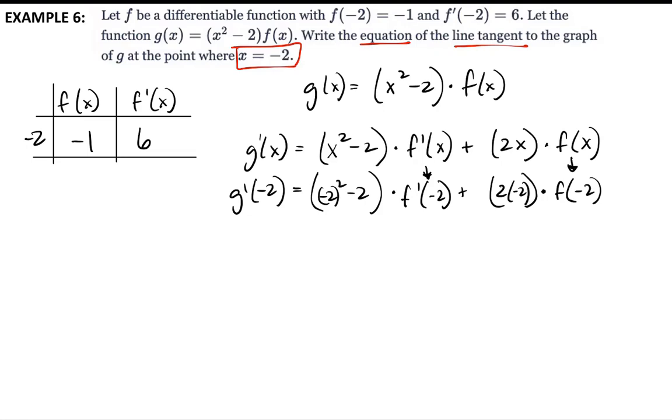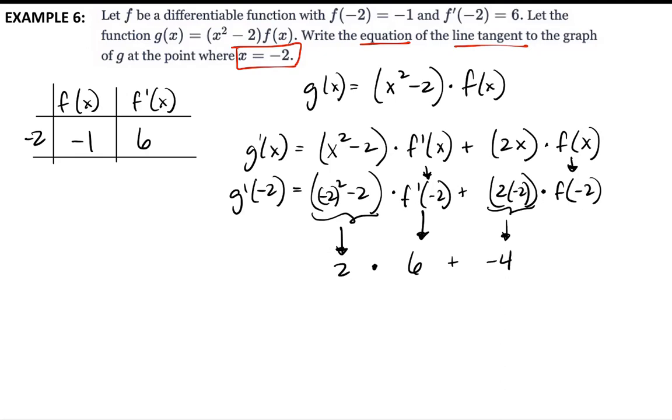Well, the first guy here is just an actual function, so I can simplify that. -2 squared is 4, minus 2 is 2. So this guy here is just regular old 2. If I want to find out what this guy is, I got to go to my table. F prime of -2. That's +6. The next one, simplify this guy.